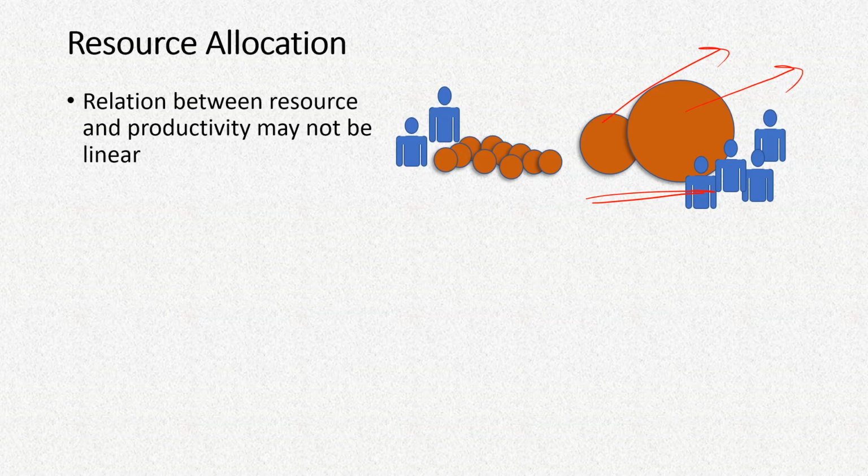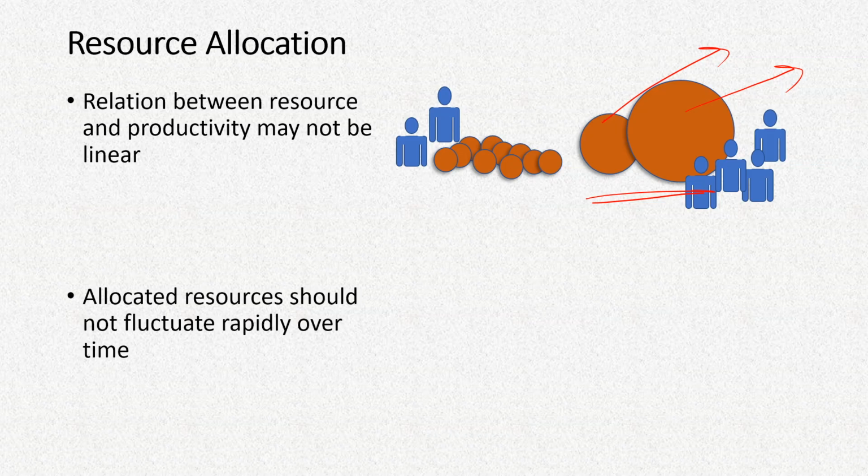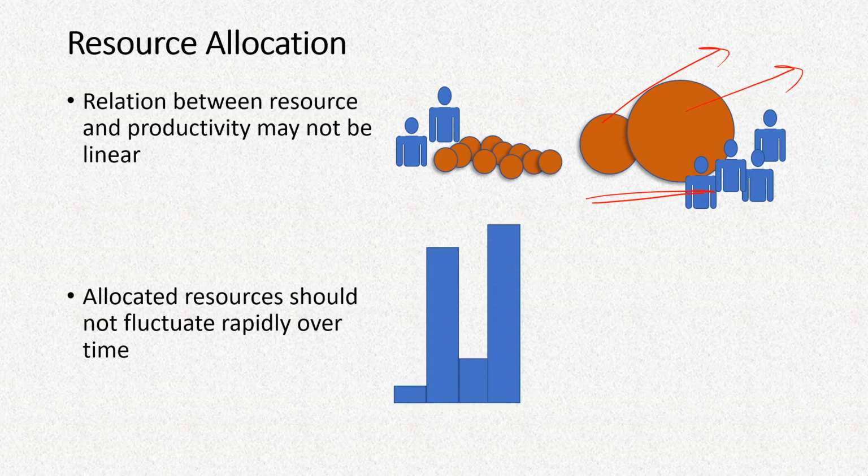The final point I want to mention is that the allocation of resources should not fluctuate very rapidly over time. That means on one day, if you have employed 20 laborers, the next day it should not go up to 100 laborers, because it causes lots of disturbance at the work site, and also you'll have to deal with food, lodging, and sanitation facilities for all these workers.